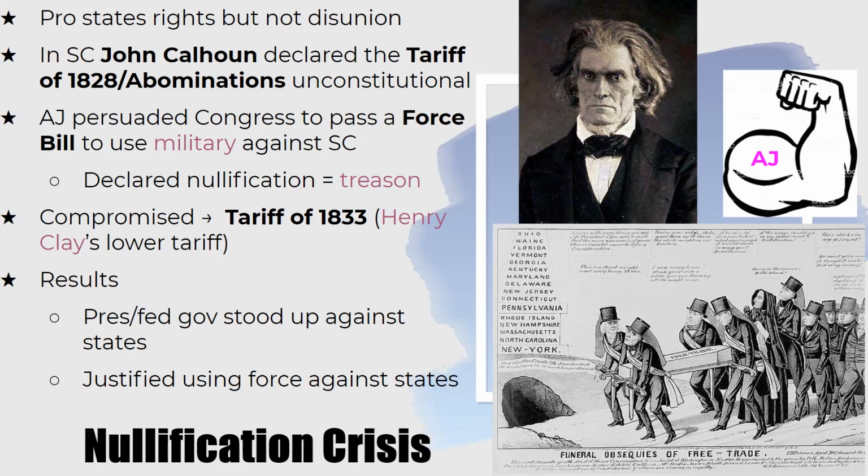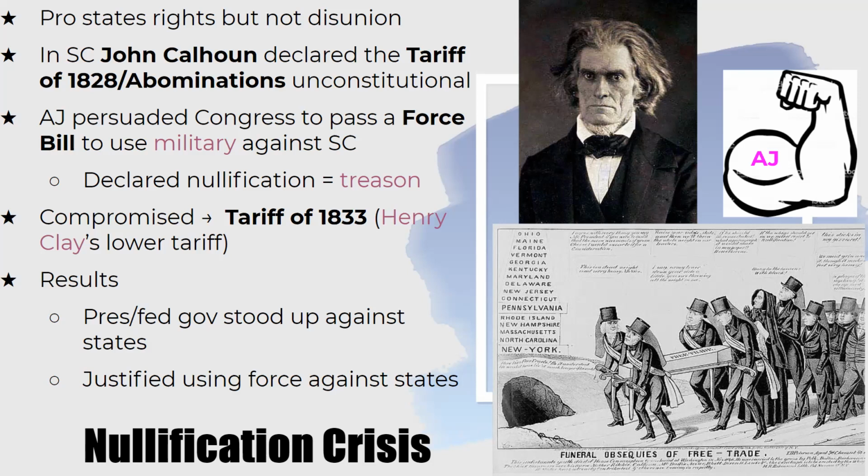So when John Calhoun and other Southern states go so far as to declare nullification, to bring up that idea again. And if you remember, that was an idea first promoted by Thomas Jefferson and the Kentucky and Virginia resolutions, when they said John Adams's Alien and Sedition Acts were unconstitutional, and therefore they should be able to make them null and void, meaning that they should just be able to ignore them as states.